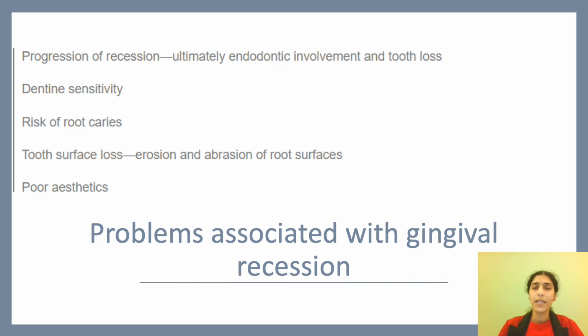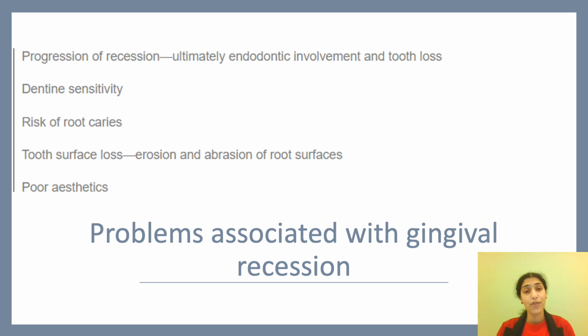What clinical problems may the patient actually face when there is gingival recession? The problems associated with gingival recession may include progression of the recession, ultimately resulting in tooth loss. If the total attachment loss goes all the way to the apex of the root, it may cause endodontic involvement also. And of course, when there is so much root exposure, there will be dentin hypersensitivity.